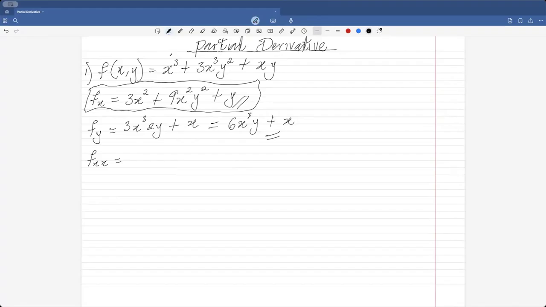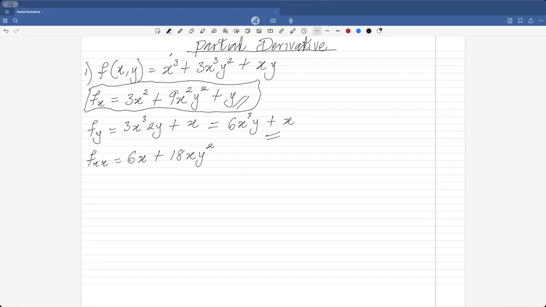So the derivative of 3x squared is 6x, plus 18xy squared, plus 0. y is the constant, so the derivative of a constant is 0.